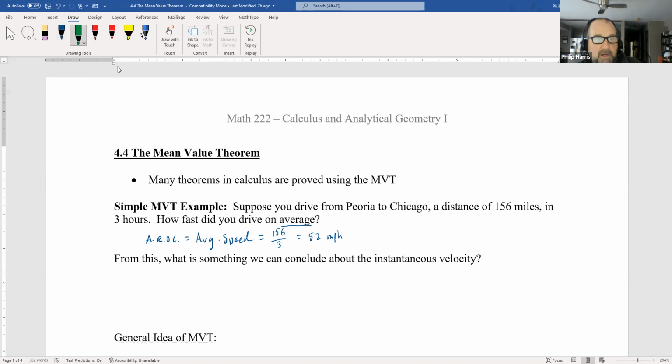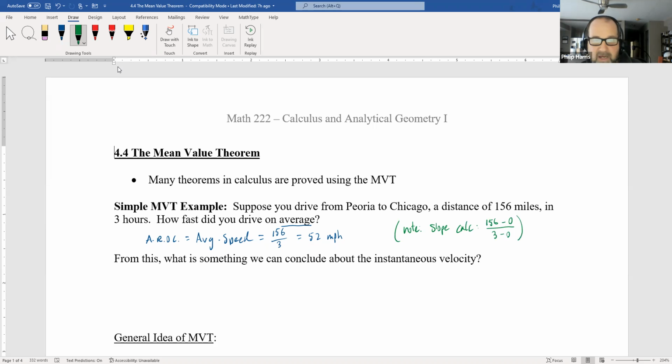So if we did 156 miles in the 3 hours, we would have averaged 52 miles per hour. I'd like to point out here that this is really a slope calculation. That is, 156 is really ending position minus beginning position over ending time minus beginning time.